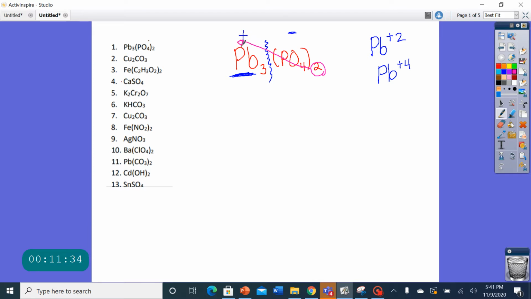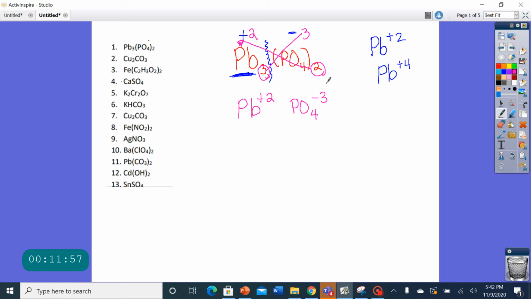So this used to belong to this element, and it was a positive. And this little number here used to belong to this guy right here, and it was a negative. So if we look at it, these ions used to be like this. That's what they used to be like.